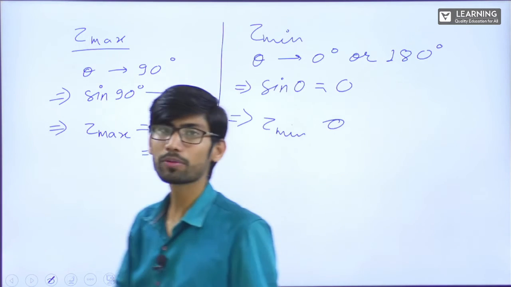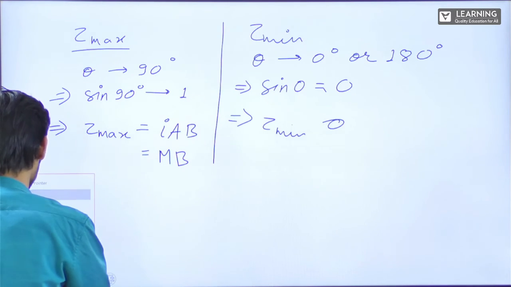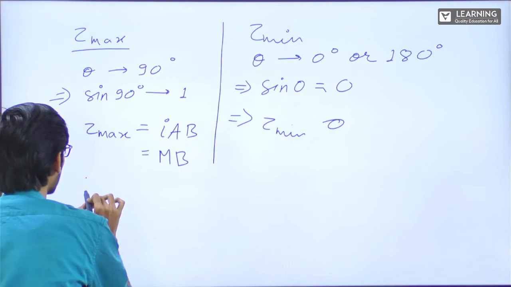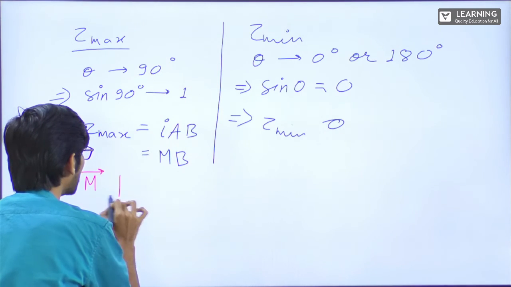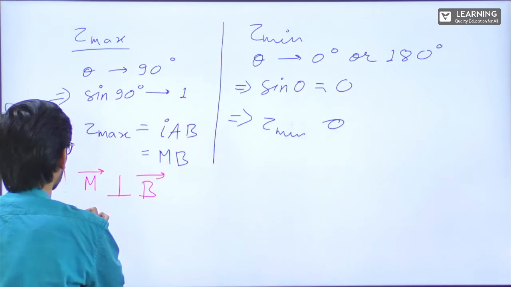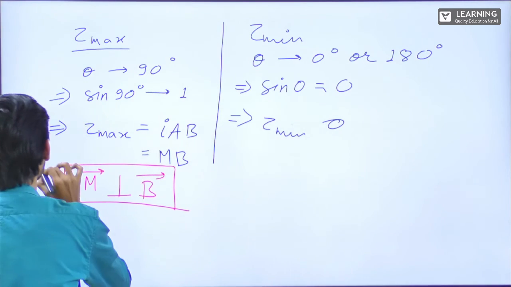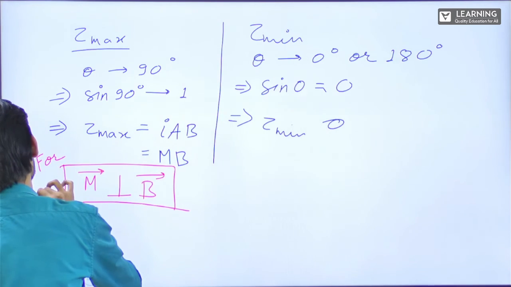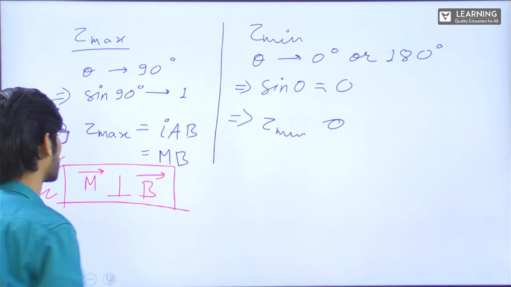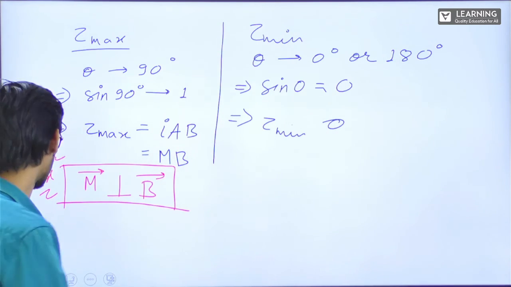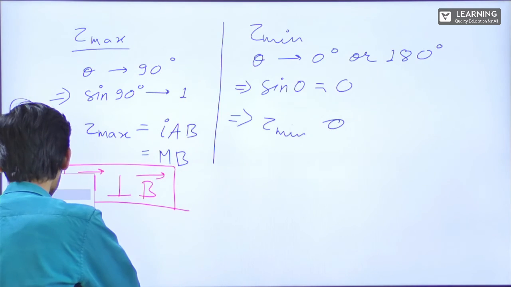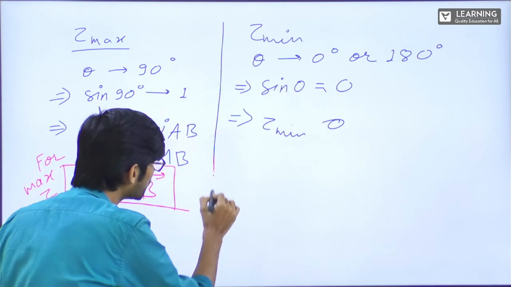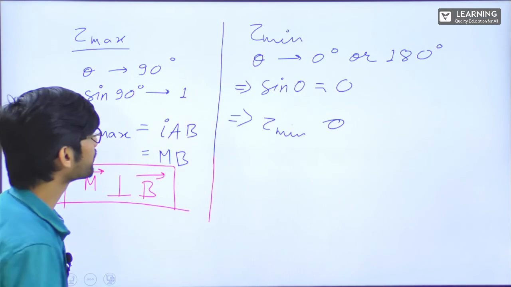Now theta 90, what does it mean? M vector is perpendicular to B vector for maximum torque. Clear? Very important. For maximum torque, M vector should be perpendicular to B vector.